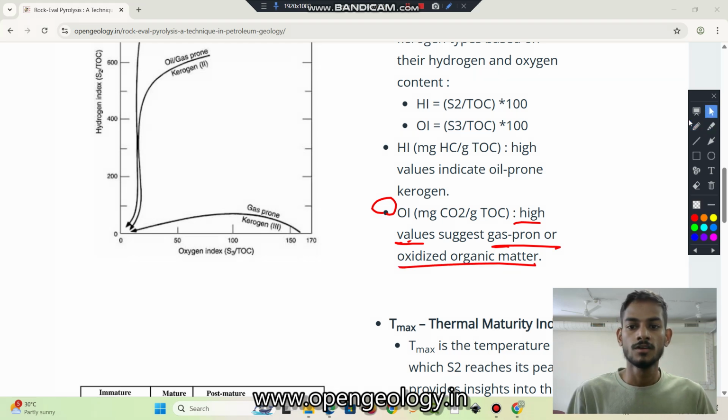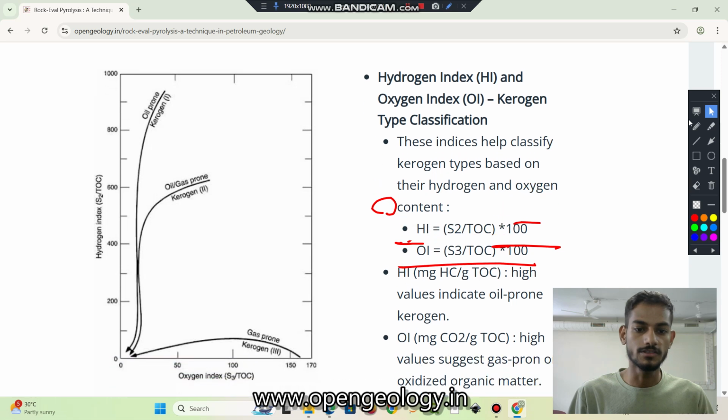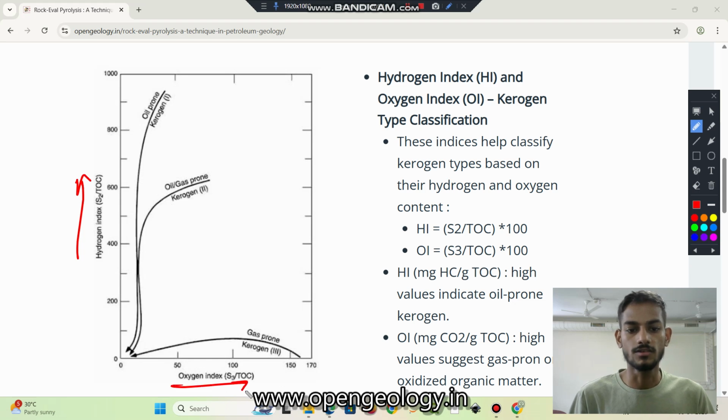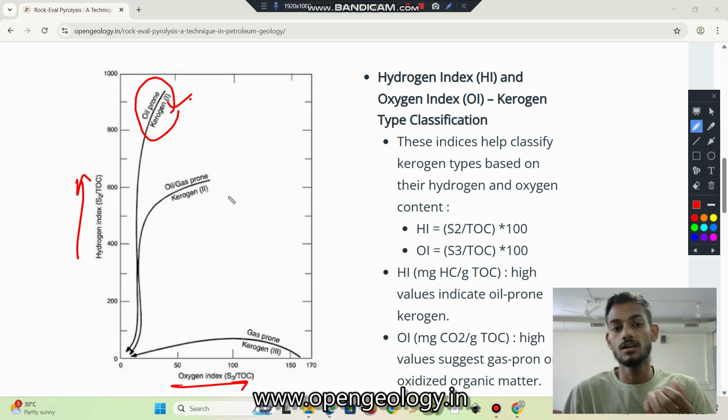Okay, so let us see if we plot these two in a graph. You can see the hydrogen index on the y-axis, oxygen index on the x-axis. So if there is high hydrogen index, it is kerogen 1, and you know the kerogen classification, kerogen 1, 2 and 3, and what is the primary material which forms this type of kerogen.